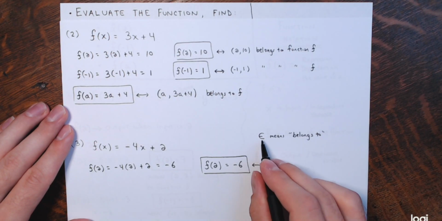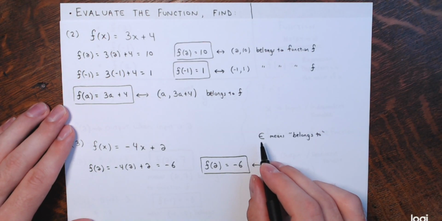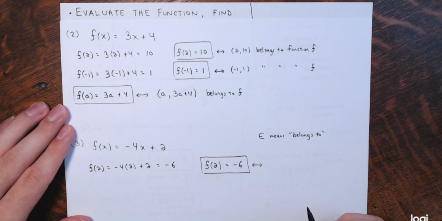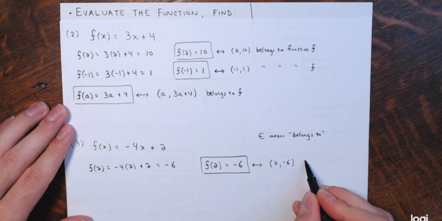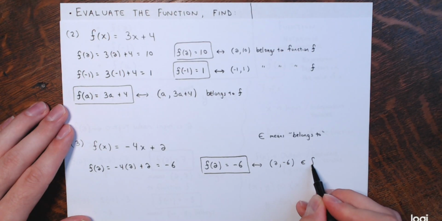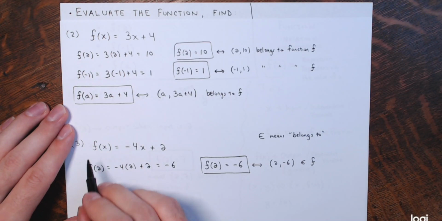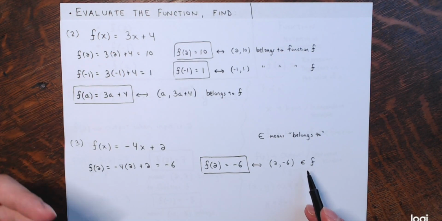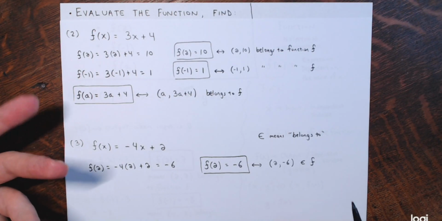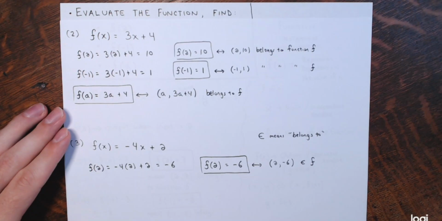So I'll use this symbol for belongs to. So if I say f of 2 is negative 6, that means the ordered pair 2 comma negative 6 belongs to function f. Again, the function is called f. And if I were asked to graph f, which I'm not, the graph of f would have the point 2 comma negative 6 on it.